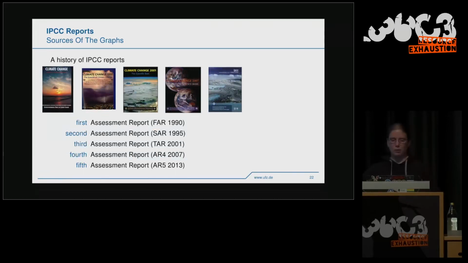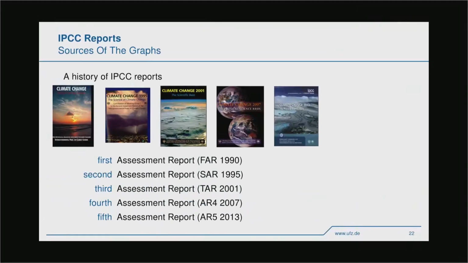The first assessment report, FAR, was published in 1990. The second, SAR, in 1995. Then there was the TAR, and then for the fourth assessment report, they changed the name scheme for some reason to AR4, and then there was AR5, which I'm talking about.